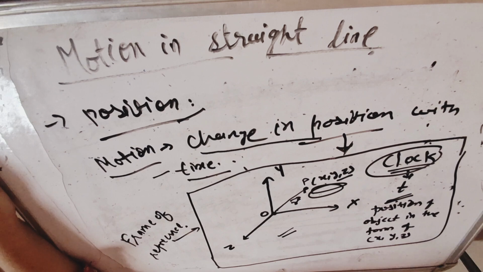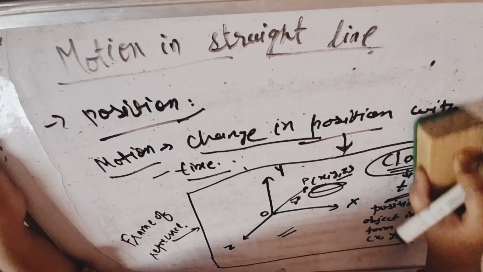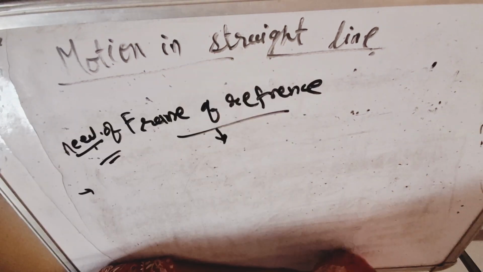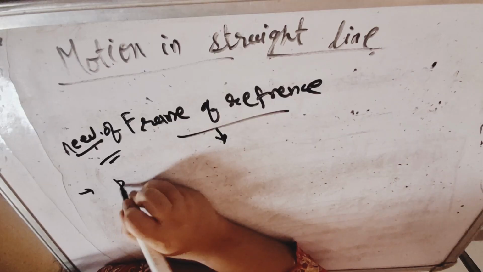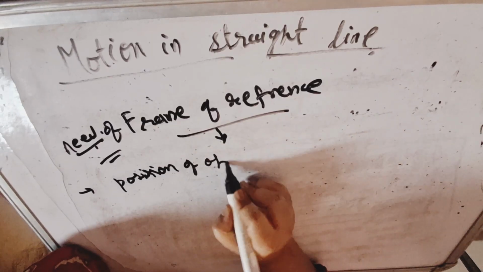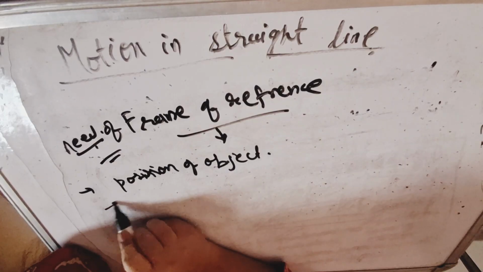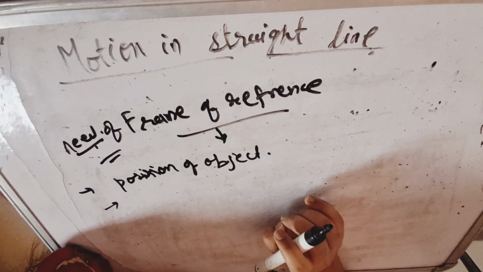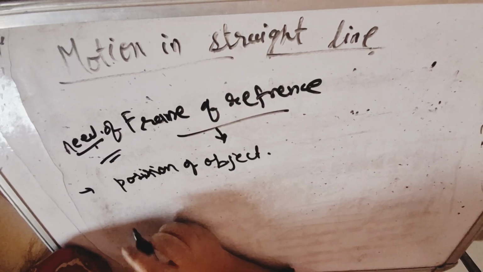Okay, the next thing, why we need the frame of reference to find the position of an object. Let's take two cases.